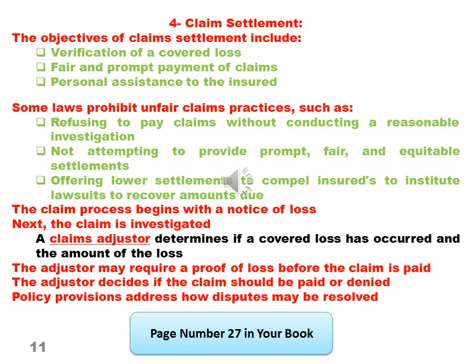If the insurance company refuses to pay the claims, the insured person can go to the court to take his or her right about the insurance contract, because there is an agreement between the insured person and the insurance company. Number two, not attempting to provide prompt, fair, and equitable settlement.